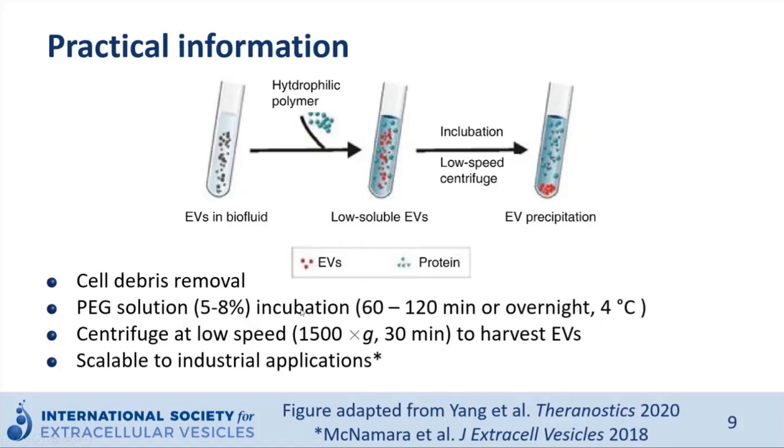Incubation time could range from 60 minutes to overnight for different sample types or based on different laboratory protocols. EVs will be captured and aggregated by the PEG. After that, particles can be harvested through very low-speed centrifugations. In addition, PEG has been shown to be potentially scaled up for industrial applications.